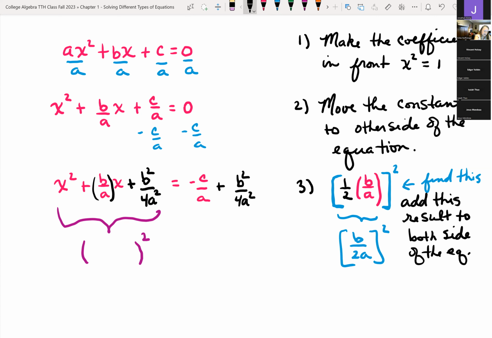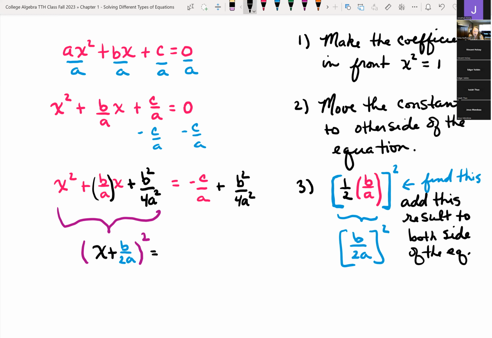So this perfect square is x plus b over 2a, quantity squared, is equal to those two fractions on the right-hand side of my equation.